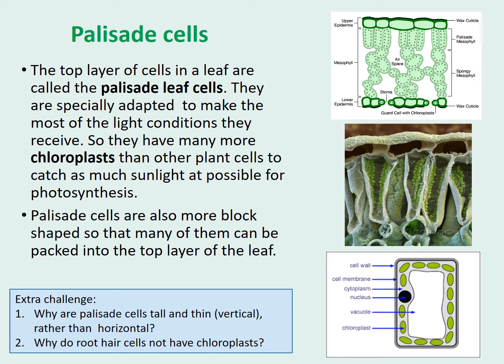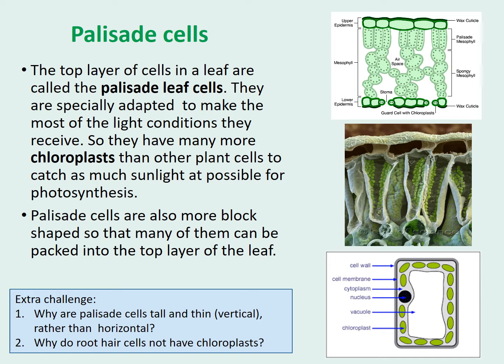We're going to start off with a layer of Palisade cells. As you can see in the diagram, you find the Palisade mesophyll. I'm looking at the top right one, the Palisade mesophyll, and it's the rectangular cells that you find towards the top of the leaf. The Palisade mesophyll is the tissue, and it's made up of Palisade cells.